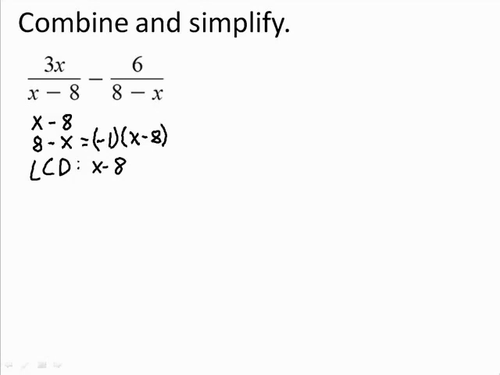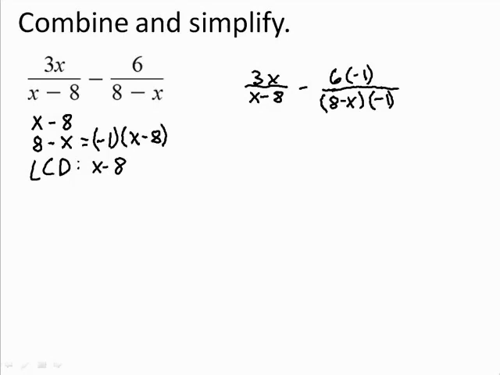You want each of these fractions to have a denominator of x minus 8. The first fraction already does, so you don't need to do anything to it. 3x divided by x minus 8 minus 6 times negative 1 divided by the quantity 8 minus x times negative 1.